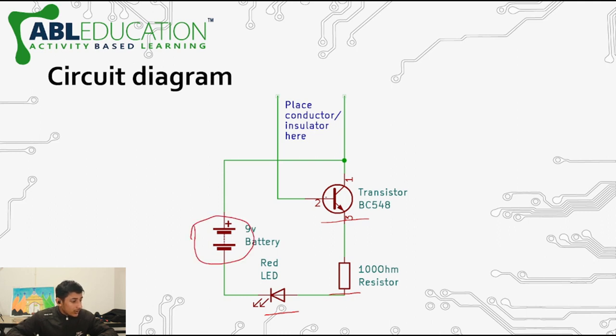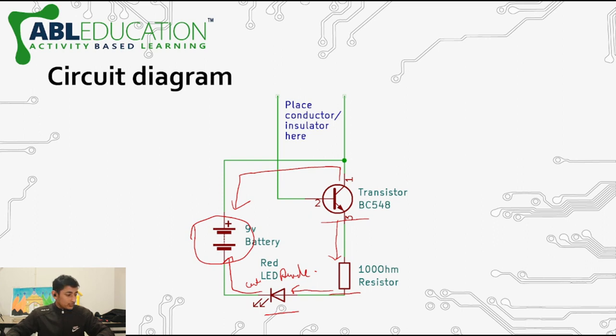The first terminal of the transistor is connected to the positive terminal of the 9-volt battery, and the third terminal of the transistor is directly connected to the first terminal of the resistance. The second terminal of the resistance is connected to the anode terminal of the LED, and the cathode terminal of the LED is directly connected to the negative of the battery.